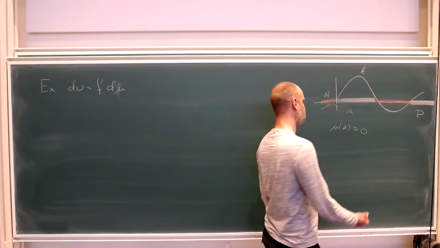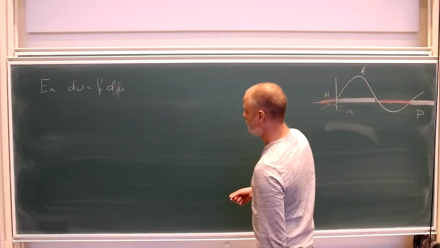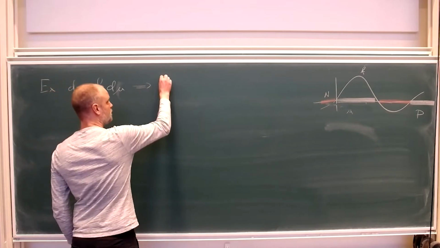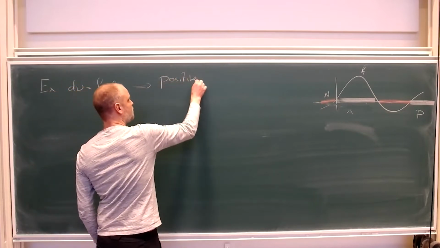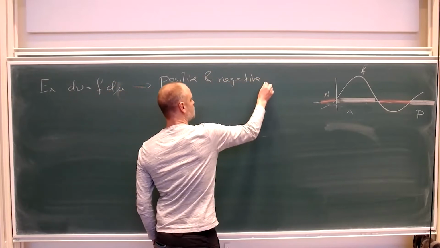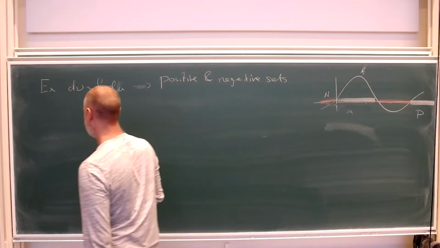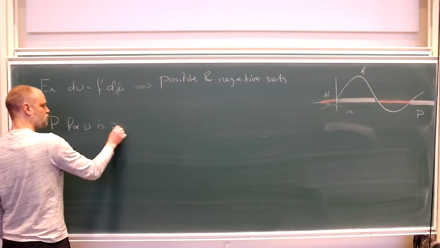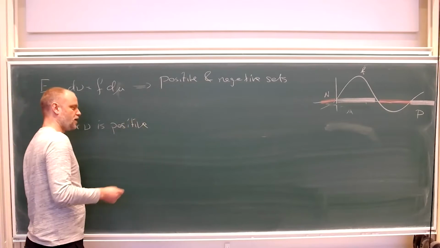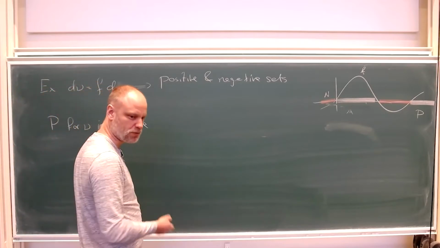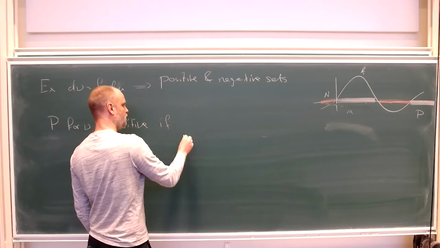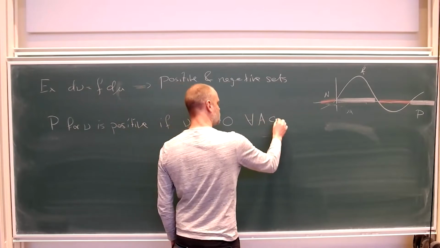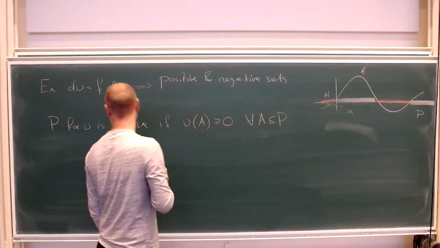This is one question. And another thing we can do with such a measure, so this leads easily to positive and negative sets. Okay, let's define that now. P for a measure nu is positive, maybe it should be called non-negative, but we call it positive, if nu of A is bigger than or equal to 0 for all A which are subsets of P, right?